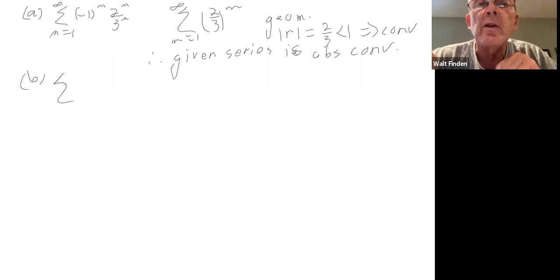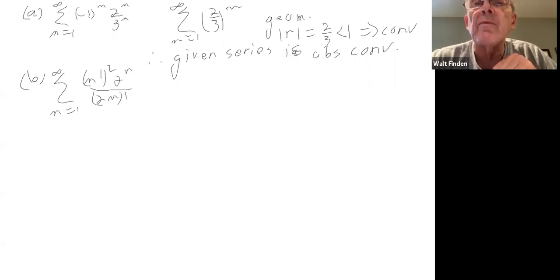Here it is, n equals 1 to infinity, and we have (n factorial) squared 2^n over (2n) factorial. And since I see factorials here, we are going to use the ratio test. Now, there are no minus signs here, so if the ratio test gives us convergence, it'll be absolutely convergent. If it's divergent, it'll be divergent.